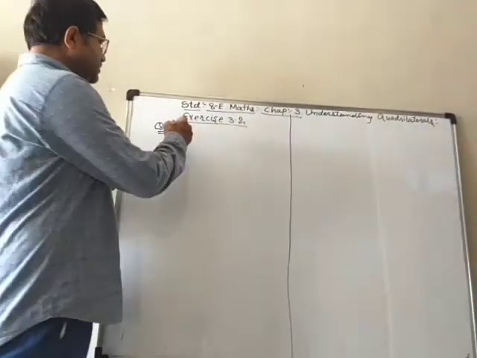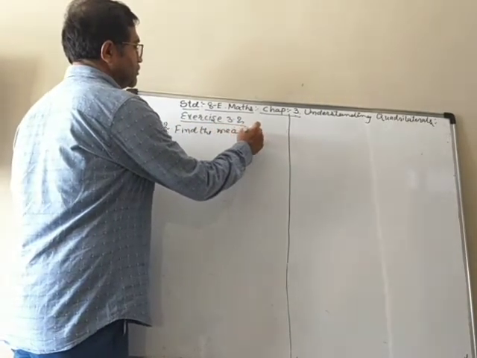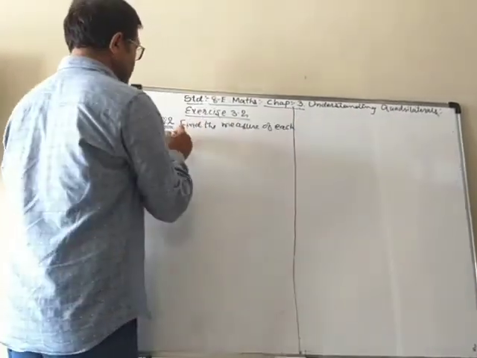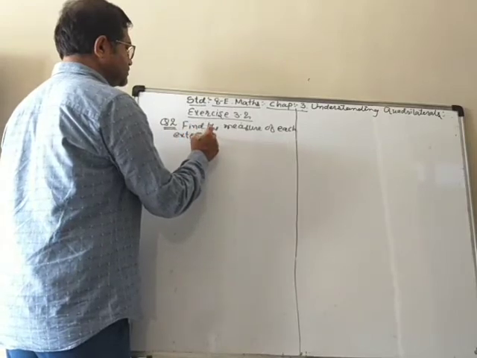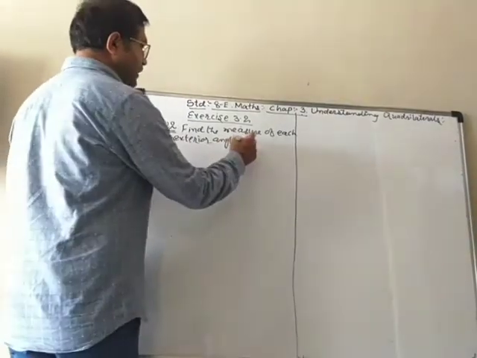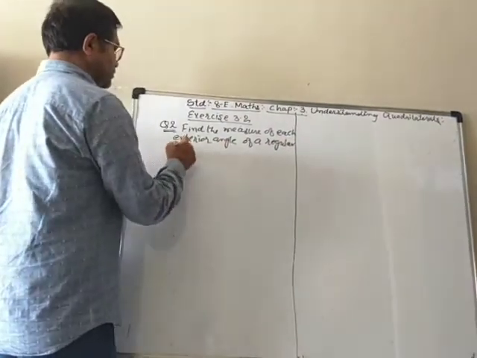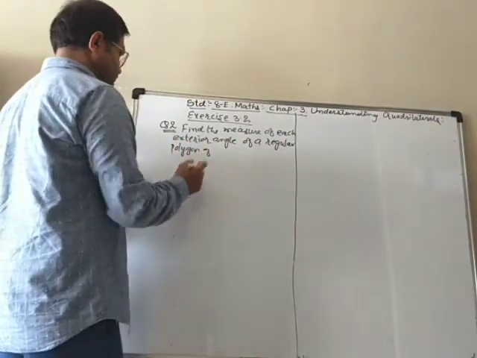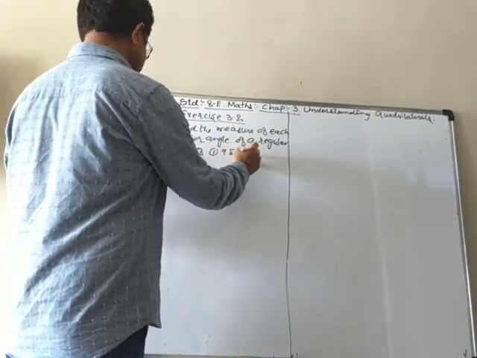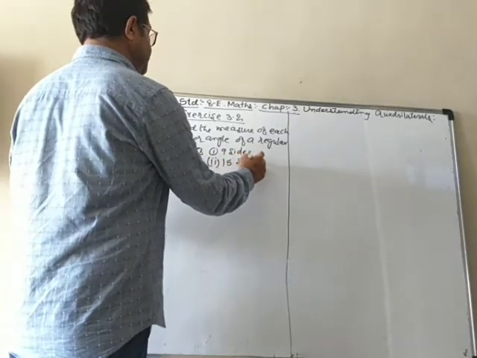Now to find the measure of each exterior angle of a regular polygon of, first, 9 sides and second, 15 sides.